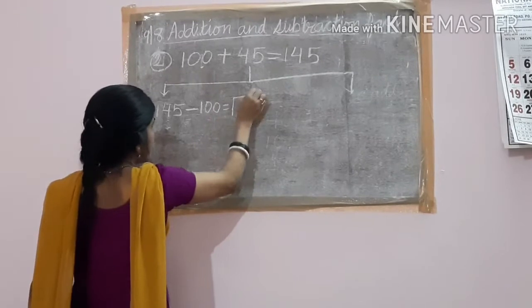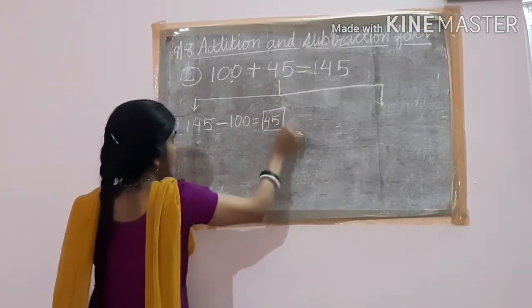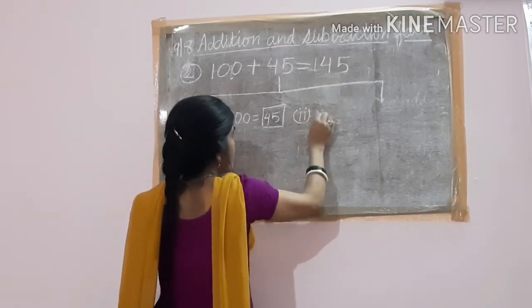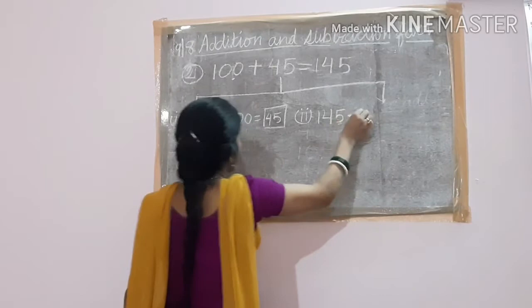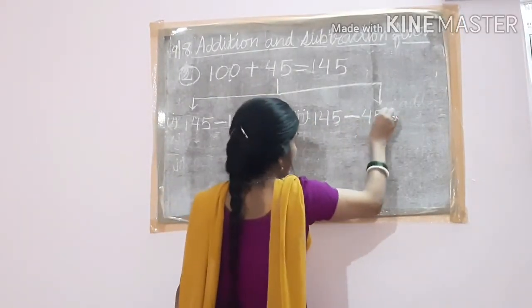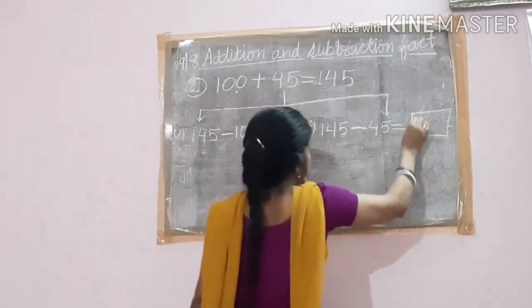Then what will be the answer? That is the other addend, 45. And then the second subtraction fact, this will be the same 145. Now here you have taken 100, so here you take 45. And then the difference will be 100.